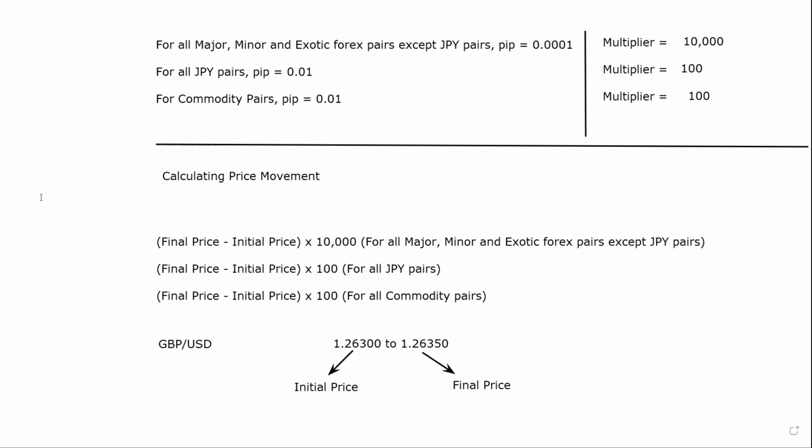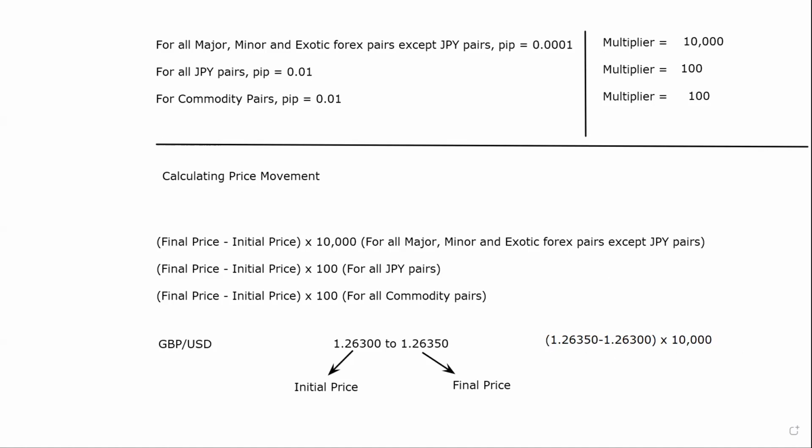What we're going to do now is 1.26350 minus 1.26300 equals, and whatever the answer is, we need to multiply it by 10,000. And we will get our answer.